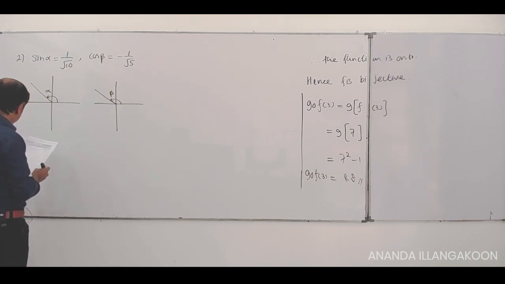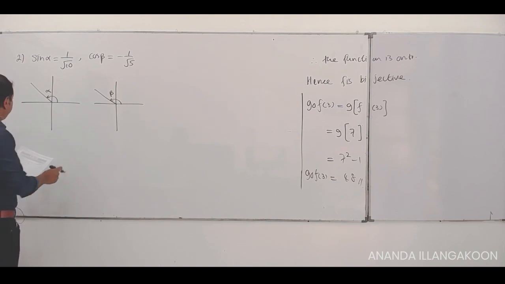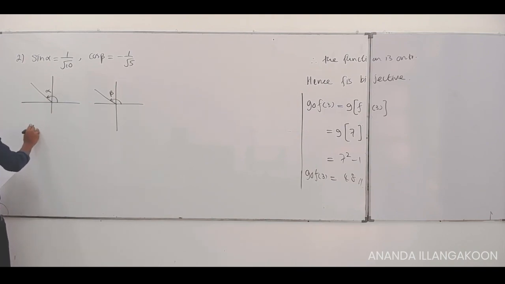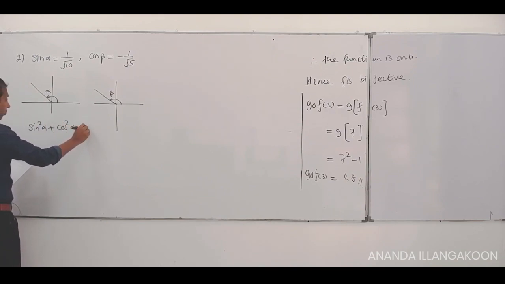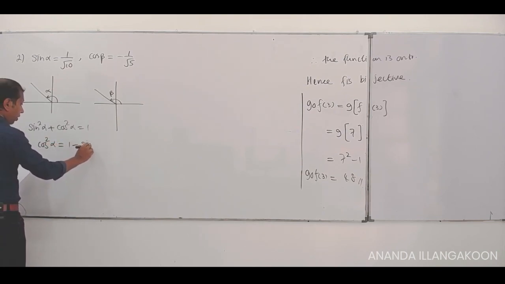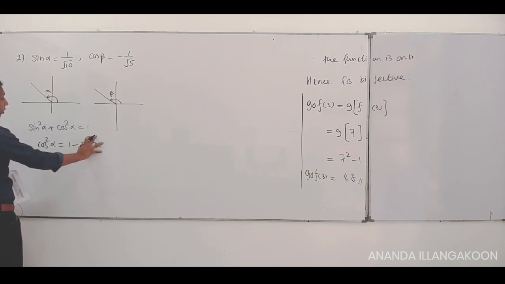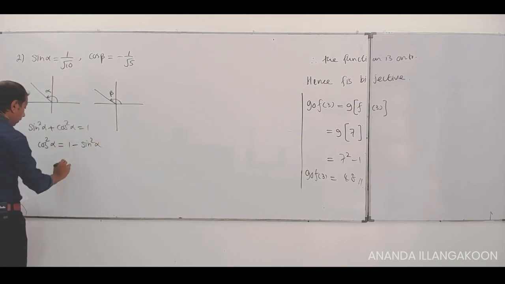And we need to find sin(alpha plus beta). So we know sin squared alpha plus cos squared alpha equals 1. We are supposed to find cos alpha. Cos squared alpha is 1 minus sin squared alpha. For sin squared alpha we can put 1 over 10.